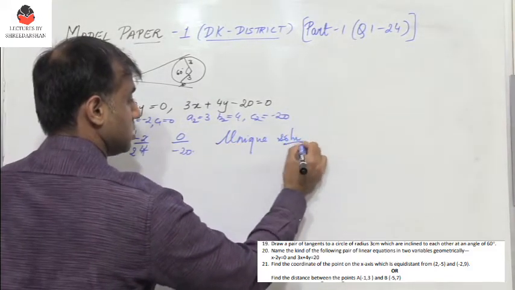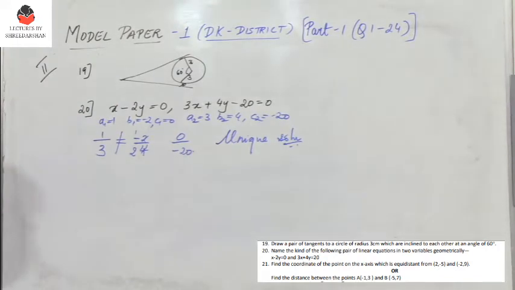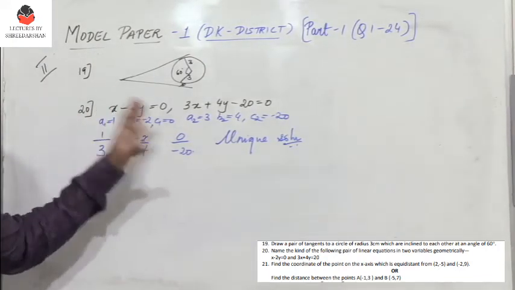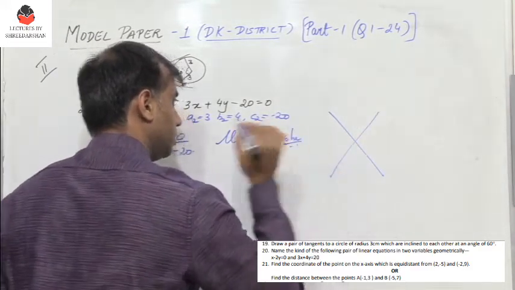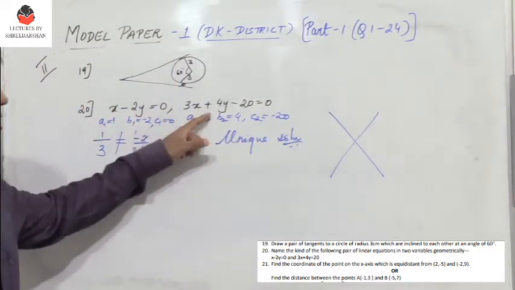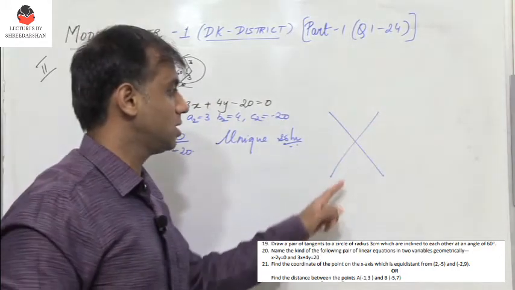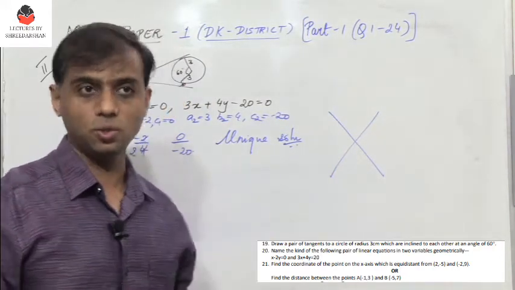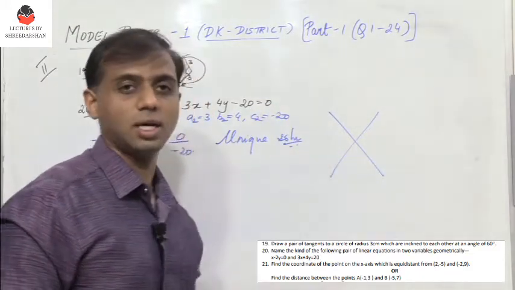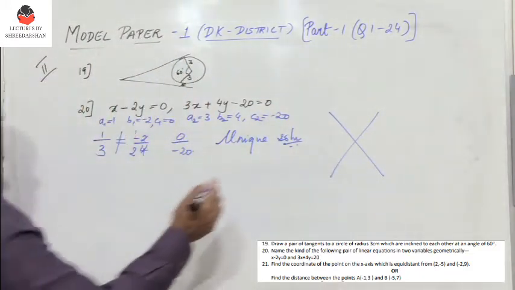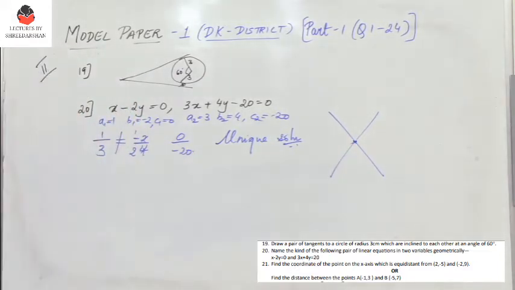So the system is consistent. And graphically, how do I represent this? When there is a unique solution, these two equations represent two lines which intersect at a given point. So this is what you need to write: these two equations represent two lines which intersect at a given point, and this point represents the unique solution for the two equations.